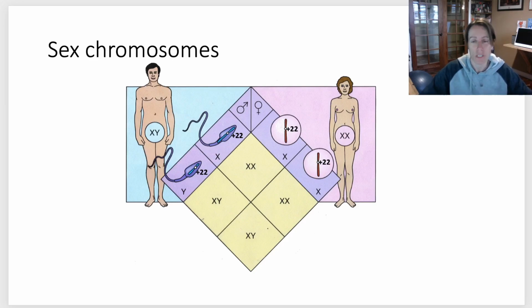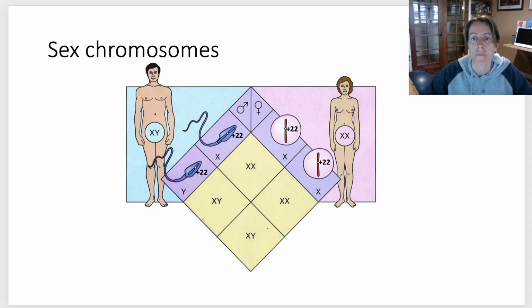We've looked at the number of chromosomes that human cells have: 46 chromosomes, 23 pairs. The last pair, the 23rd pair, is the sex chromosomes. Pairs 1 through 22 are the autosomes, and the sex chromosomes exist as either X chromosomes or Y chromosomes.